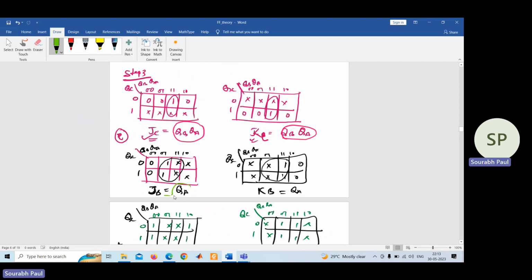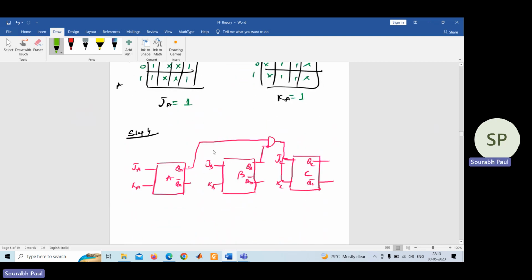JB is QA, and KB is also QA. So you can short these 2 and connect them, because JB and KB are both QA only.